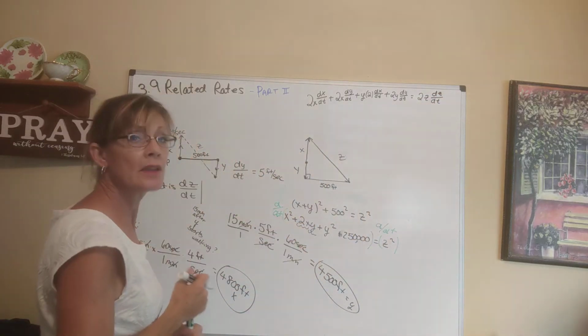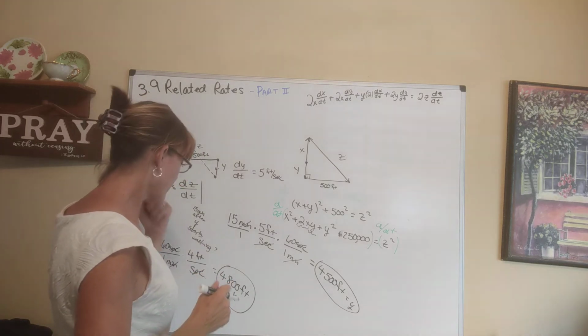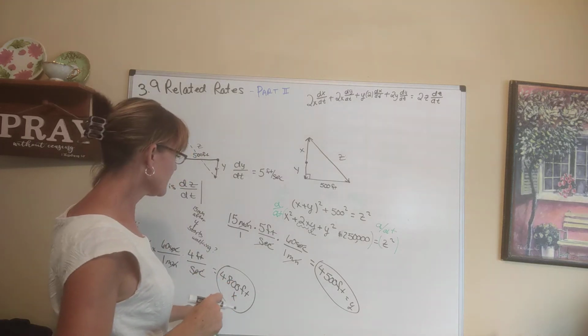Now let's plug in what we know. We know that x is 4,800.